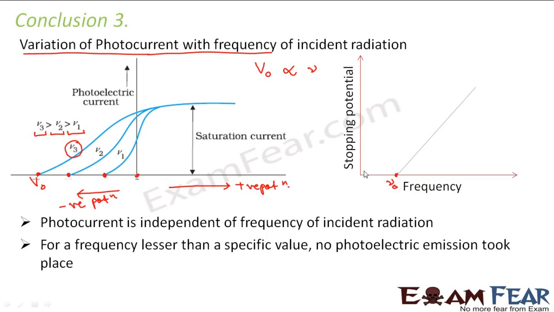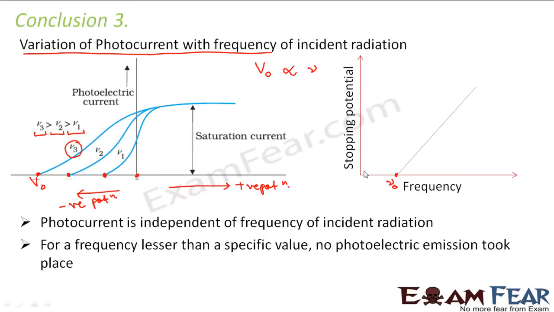And the amount of photocurrent can be governed only by intensity. It is not dependent on frequency. If you think that by increasing the frequency, you can increase the photocurrent, that is not possible, because increasing the frequency will affect the stopping potential. It can make the current flow for a longer time.